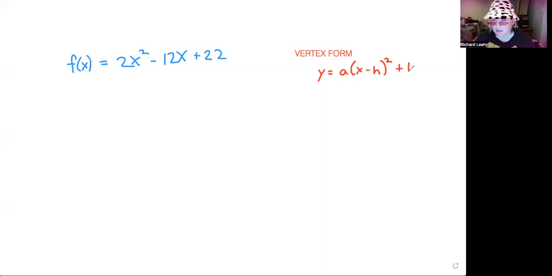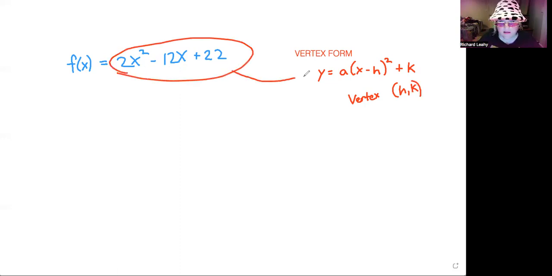So your vertex here is (h, k). So we're going to try to make this look like this.